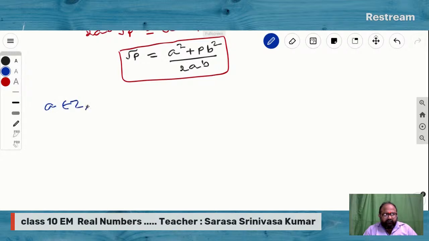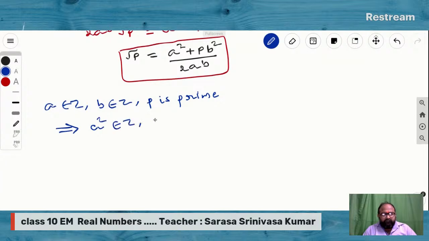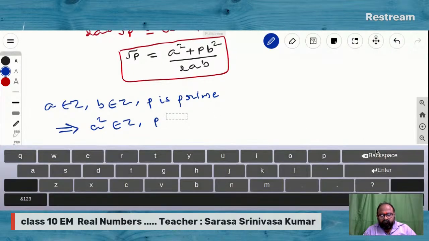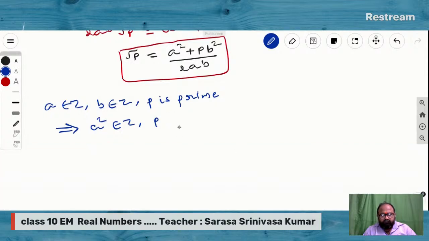a is an integer, p is an integer, and p is a prime. So this implies a square is an integer, p is an integer and b square is an integer.